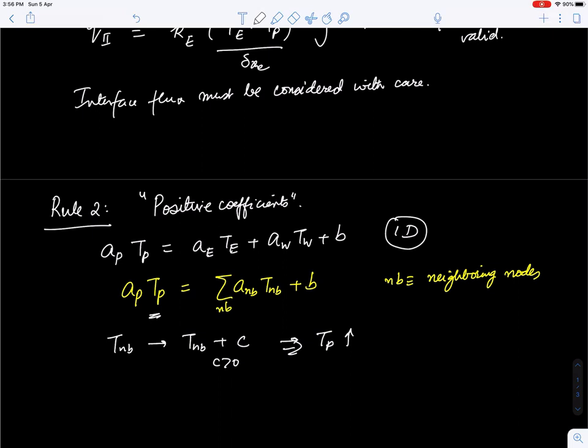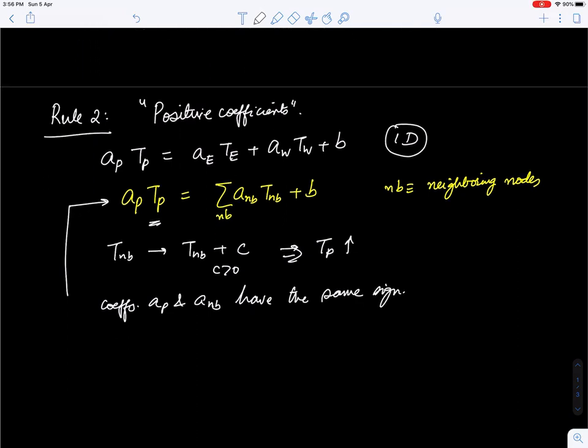Which means the only way this can be true from this equation is if the coefficients AP and all neighboring value coefficients have the same sign. So if you increase the temperature in any neighbor by some constant C, clearly the effect will be felt at the nodal value at P, and the temperature there would also increase.